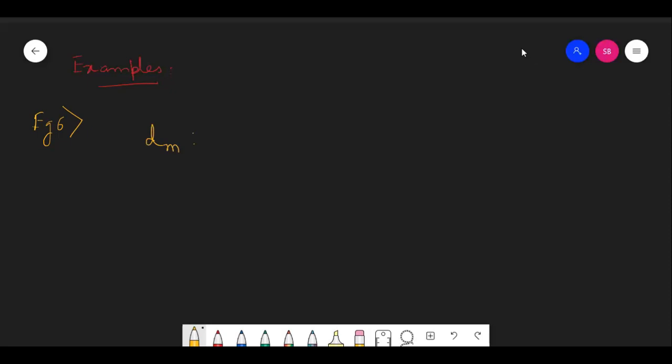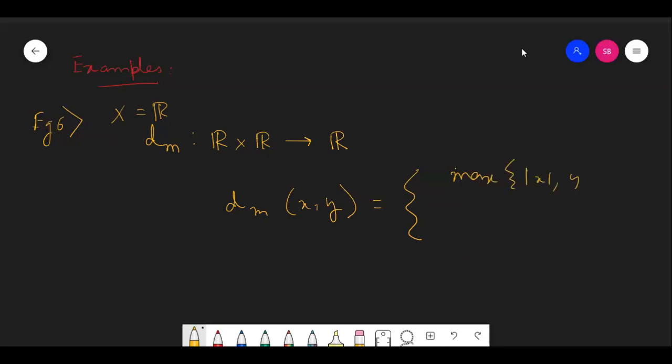So we define dm from R cross R to R. This may be a metric on R. Here X is equal to R. This is something you have to check. dm of x comma y is equal to the maximum of mod of x and mod of y if x is not equal to y, and 0 if x is equal to y. This is how we define the maximum metric on R.